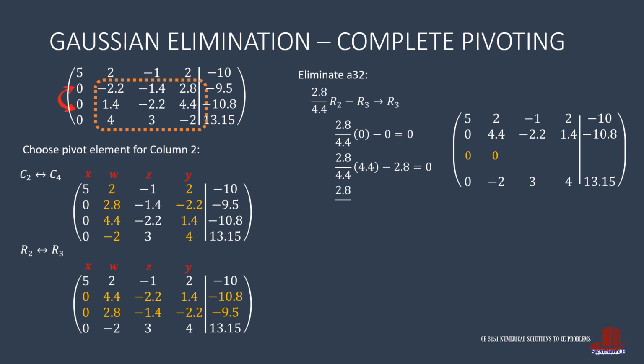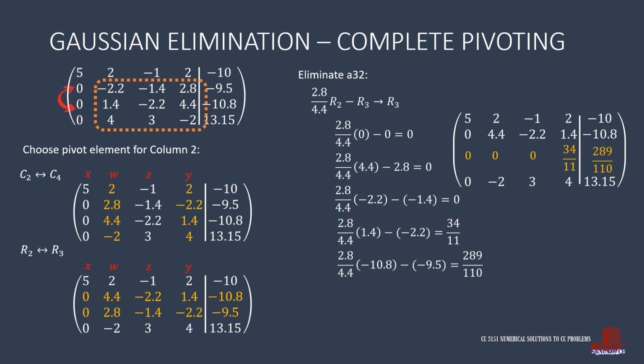And also 2.8 over 4.4 of negative 2.2 minus negative 1.4 as 0 again. Next is 2.8 over 4.4 of 1.4 minus negative 2.2, which equals 34/11. Then 2.8 over 4.4 of negative 10.8 minus negative 9.5 as 289/110.